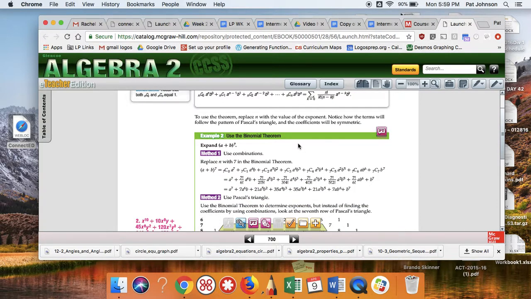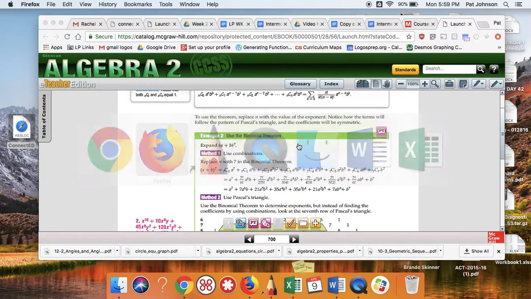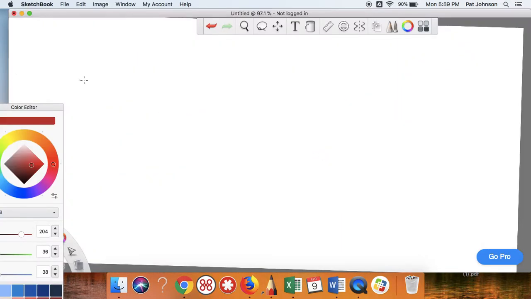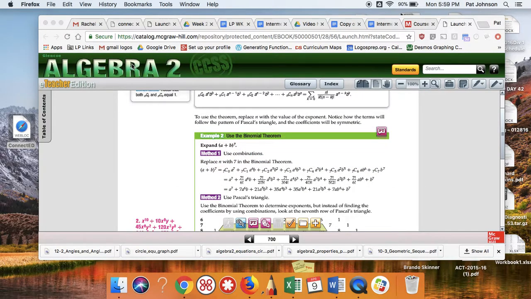So what does that mean? So if I have a plus b to the 7th, so let's write it out. A plus b to the 7th. And they want us to find the expansion, so replace n with 7 in the binomial theorem. Okay, so we're using this formula here.